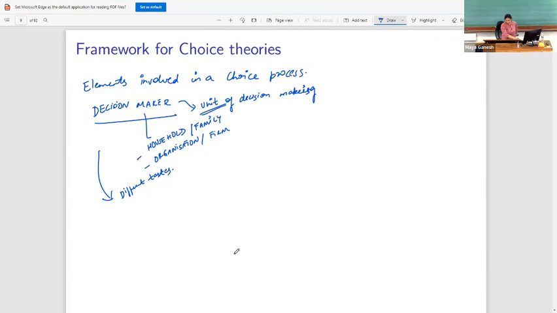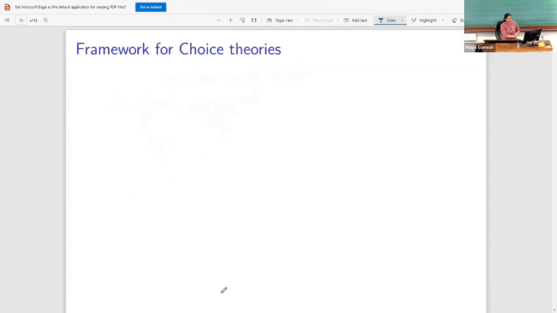The second element is the alternatives themselves. Any choice, by definition, consists of a non-empty set of alternatives, because there should at least be one for me to even be able to make that decision.